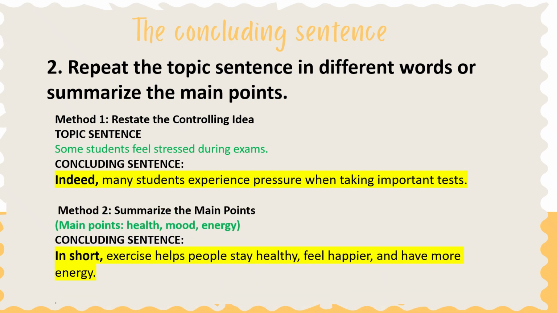The second method to write a concluding sentence is to summarize the main points. Remember, the main points are within supporting sentences, right? For example, if your main points are health, mood, energy, then when you write your concluding sentence, you can just summarize these 3 main points.